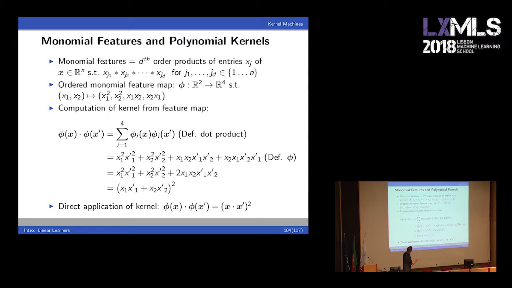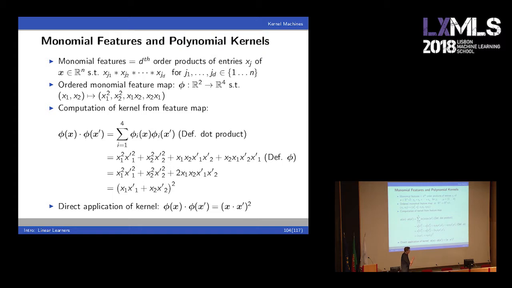We expand the feature representation from 2 dimensions to 4, so we have a sum of products: x1 squared times x1 prime squared, x2 squared times x2 prime squared, and so on. And we can see that this can be simplified to (x1 times x1 prime plus x2 times x2 prime) squared.